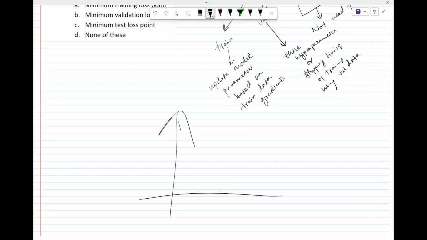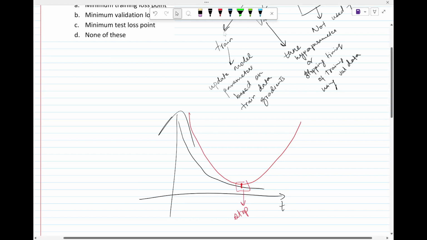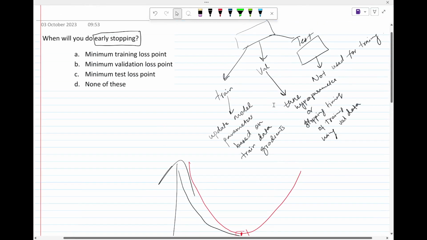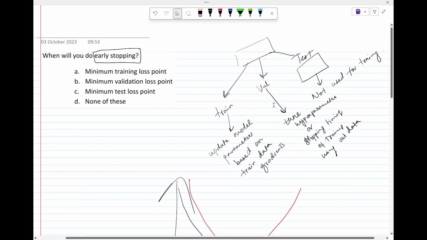Your training error will keep on decreasing with your iterations while your validation error after some point will start increasing and you will try to stop at this point. So the correct answer as you said is B, minimum validation loss point.